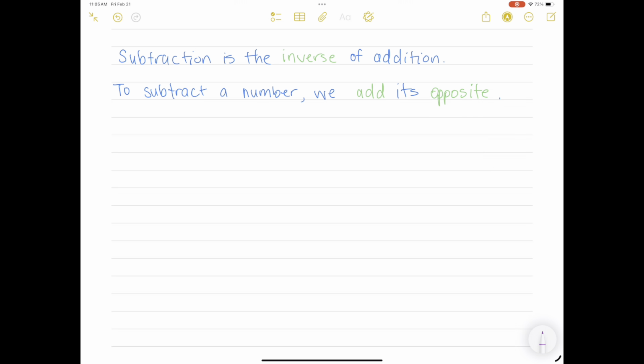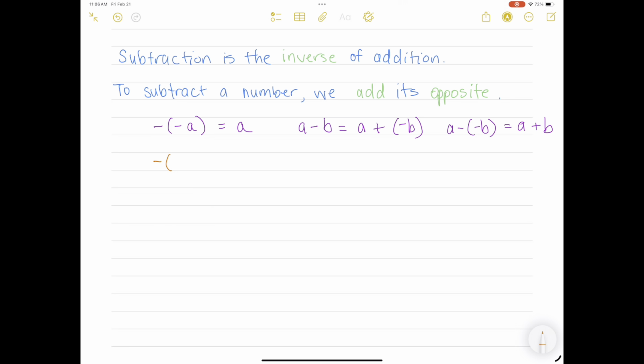So, for example, the negative of a negative number we call a would be positive a. For any numbers we name a and b, a minus b equals a plus negative b, and a minus negative b equals a plus b.